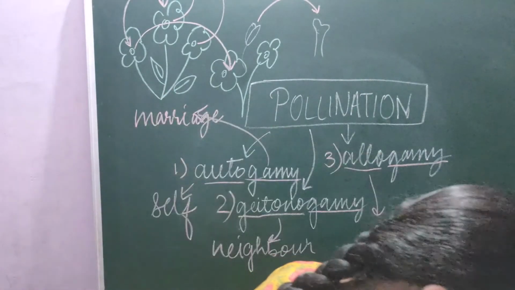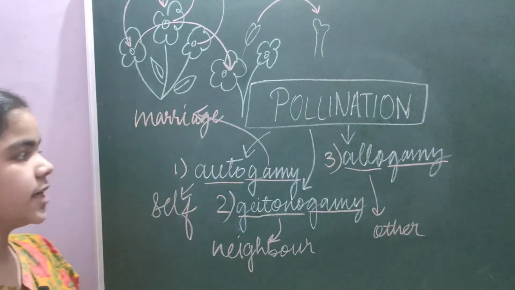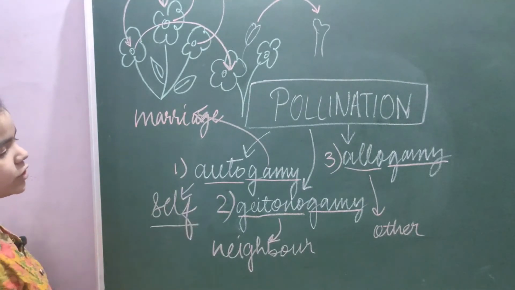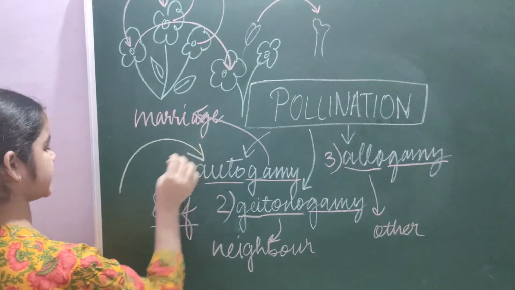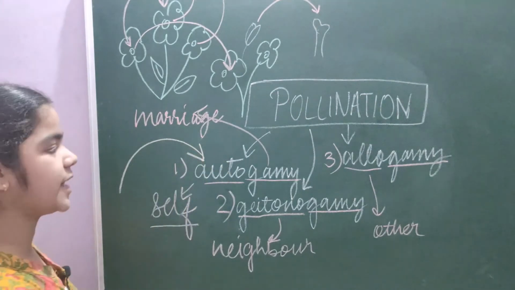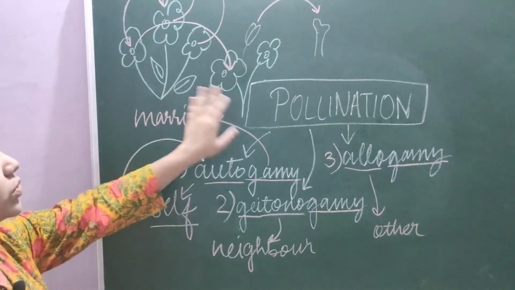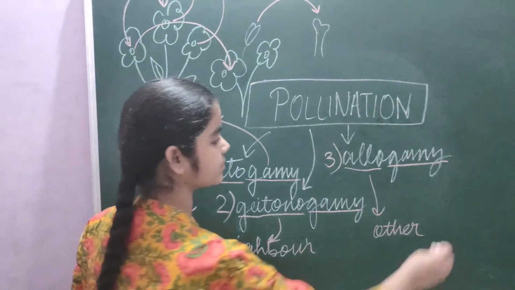There are two terms to discuss in this. You must have heard self-pollination and cross-pollination. What is self? Self means auto. So the process of autogamy is termed as self-pollination. The next one is allogamy. Allogamy is simply between two different plants. Therefore, this is termed as cross-pollination.